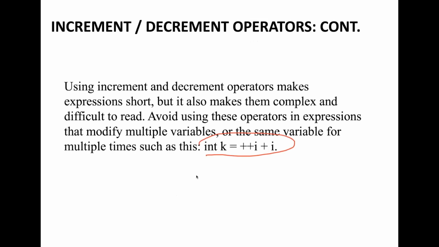One, it makes your code a lot more difficult to read and understand. Also, it is hard to predict what the value of it is. It also makes your expressions a lot more complex than necessary. Rather than doing this, you will simply separate them, meaning I equals I plus 1, and then you can do integer k equals I plus I that way.